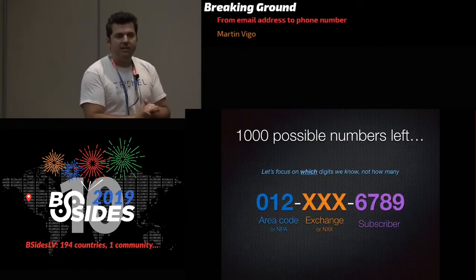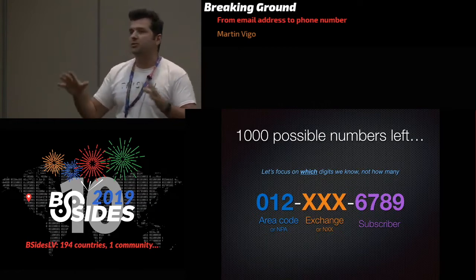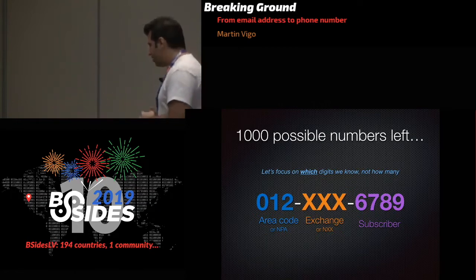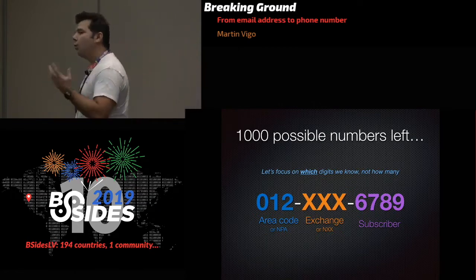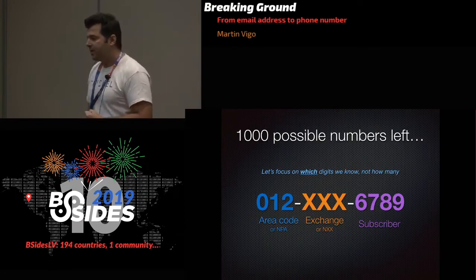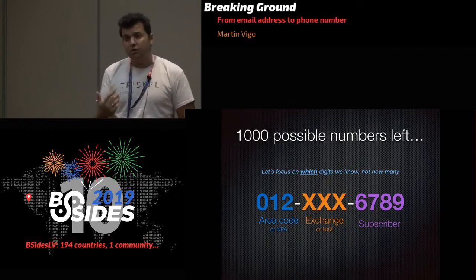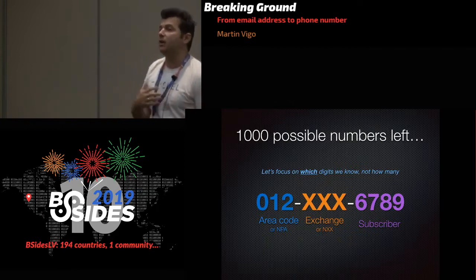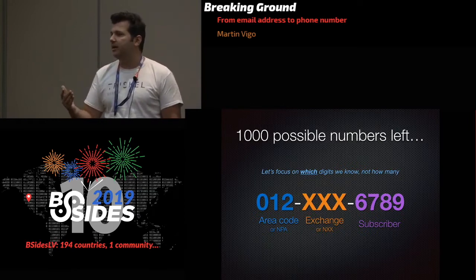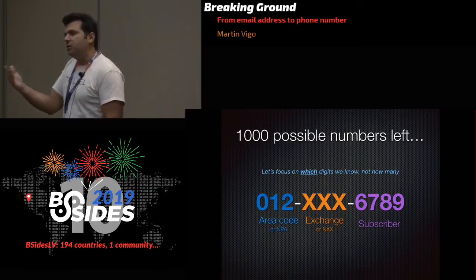So when I got here, I was like, okay, the max I got was 7 out of your 10 digits for US numbers. So I started to focus on which numbers I don't know rather than how many I don't know. I appreciate a coworker who told me about exchanges. I'm from Spain, so I didn't know much about the phone numbering system of the US, and he told me about the concept of exchanges.